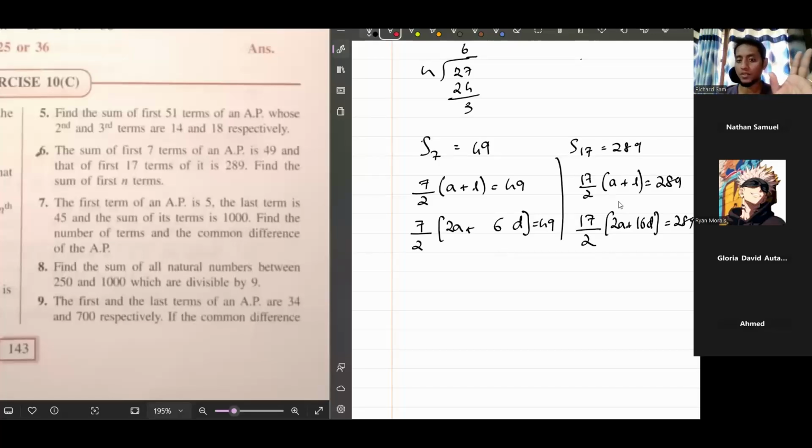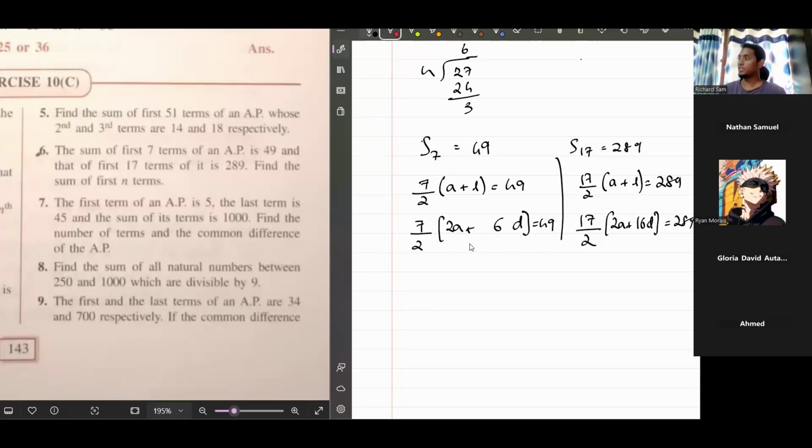Okay. So what can we do with this now? We can either use the first set of formulas or the second set of formulas. So let's take the first set of formulas and do something with these two to find a and l, or use the second set of formulas to find a and d. I'll give you some hints.